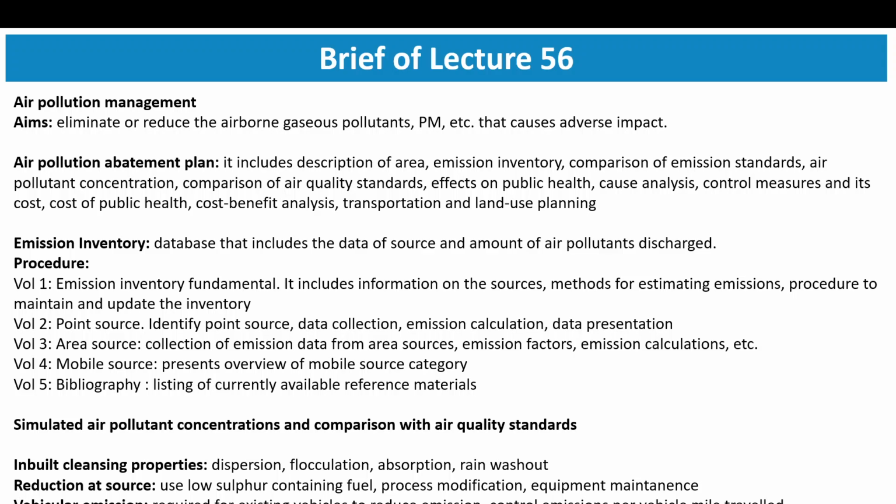Here, depending on the area, because a residential area might have different emissions, while industrial areas might have different emissions. So first you classify different areas, and then you have the emission inventory. This inventory is related to identifying what sort of emission and getting an idea of what toxicity it can result in.